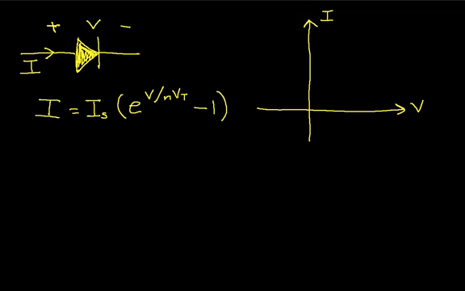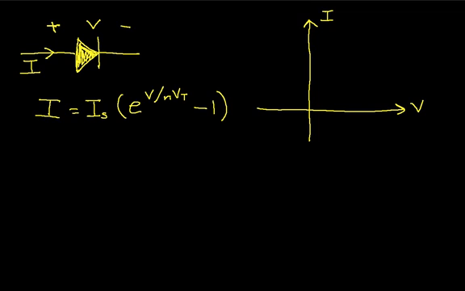The equation that we have here is the Shockley diode model, and this model is derived from the physics associated with the diode structure in the silicon or other semiconductor. You'll notice that we have the current as a function of I sub s, e to the v over nVt, minus 1.